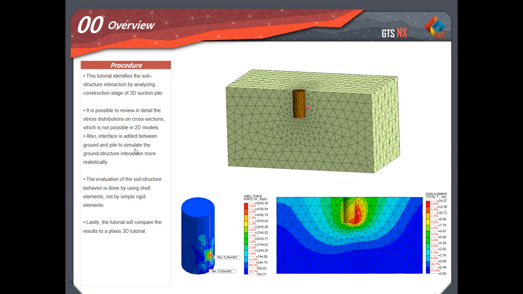Other things that we'll be looking at today will be the use of interface elements, the use of undrained conditions for the clay, as well as the use of structural elements like shell for these hollow suction piles. And lastly, we'll be comparing results directly with this well-known Plaxis 3D tutorial.